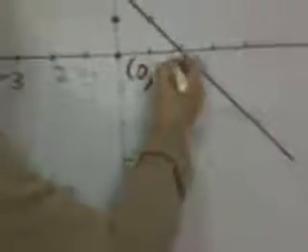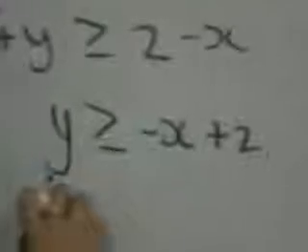Now the last bit is to decide which side of the line is going to be shaded. Am I shading this side or that side? For that I'm going to do a test. I'm going to pick a point on this side of the line, and 0, 0 looks like an easy point to pick. I'm going to plug this into my equation.